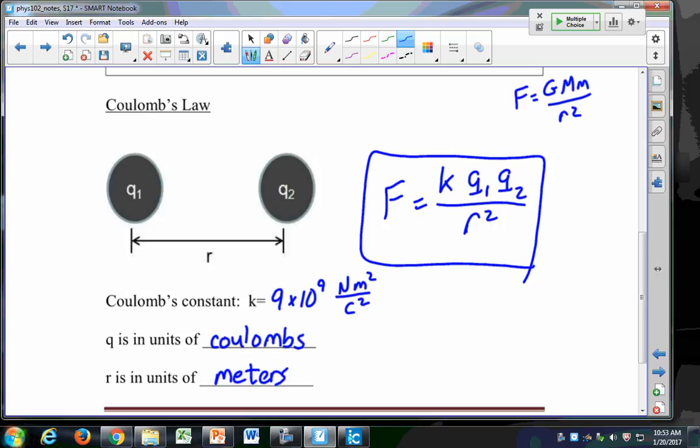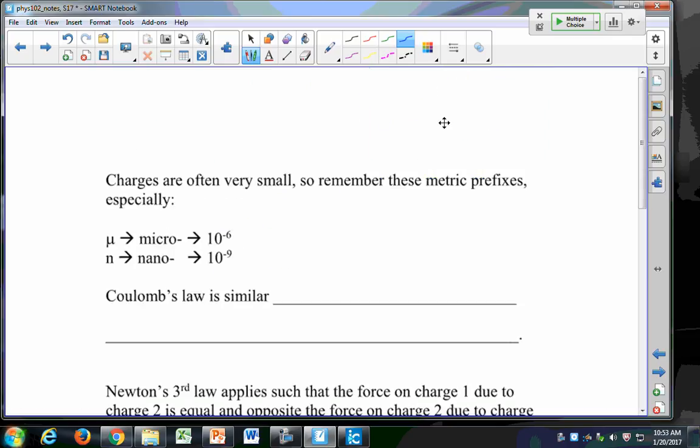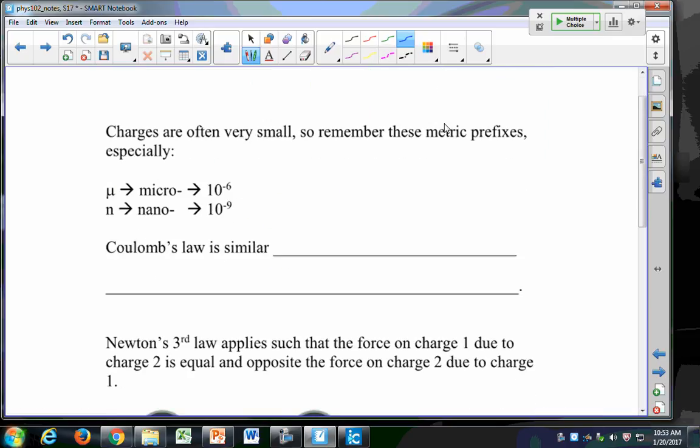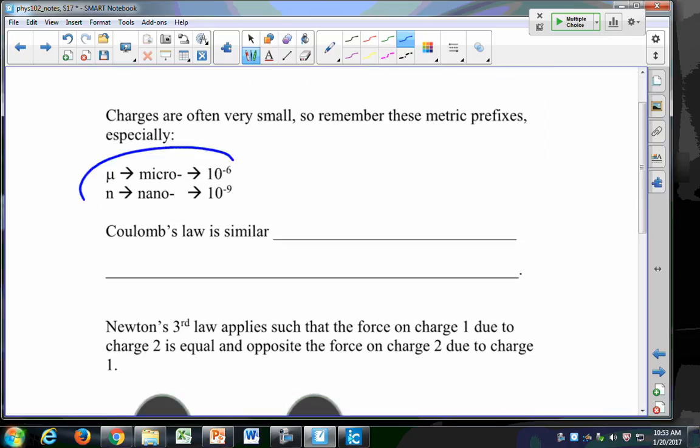I just want to remind you of our metric prefixes, especially ones that we're going to use a lot this semester. I think I do it on the next page. Yes, so the Greek letter mu is micro, that's 10 to the minus 6, and n is nano, that's 10 to the minus 9, because we're going to be dealing with really small charges.